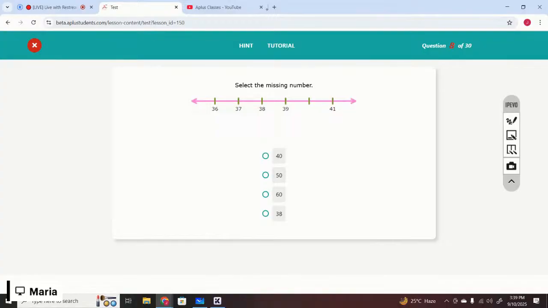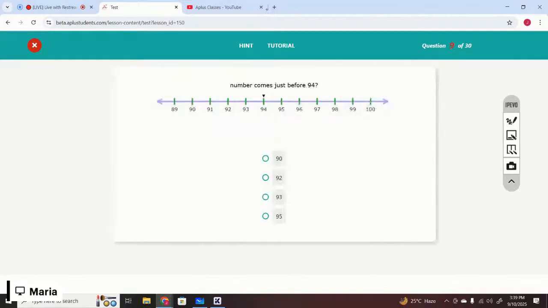Select the missing number. The missing number is 40. Option number 1 is the correct option.